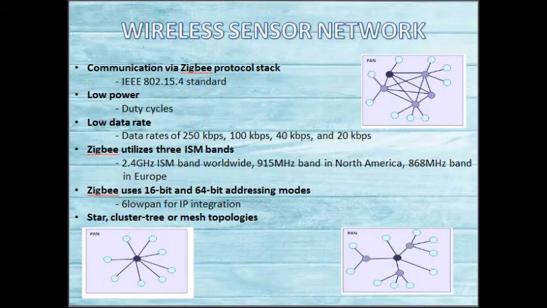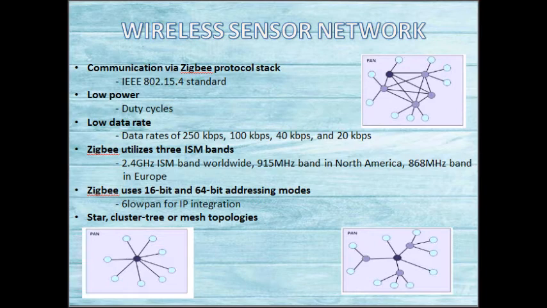This slide will present the wireless sensor network. You can see the communication via the Zigbee protocol stack, which is the IEEE 802.15.4 standard, with low power and low data rate.